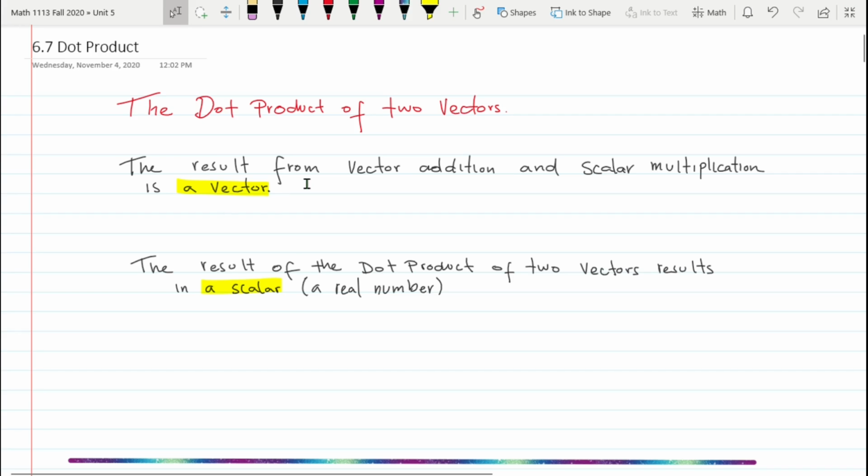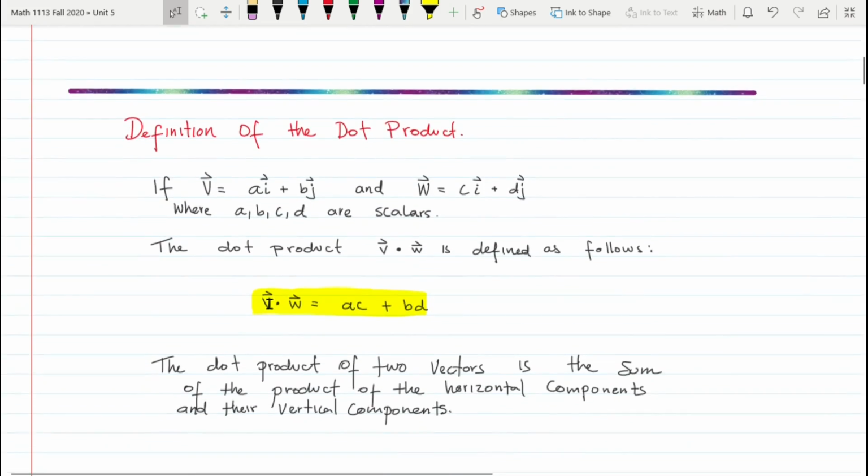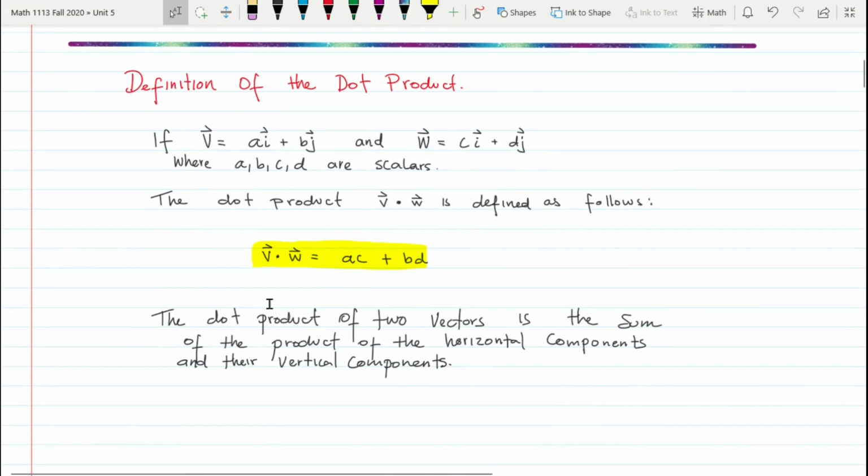So the result from addition, subtraction, and scalar multiplication comes out to be a vector. However, when doing the dot product, the result is a scalar. Okay? So, what is the dot product?